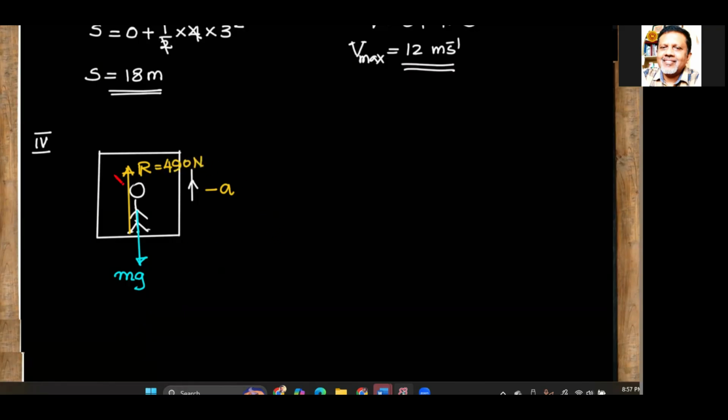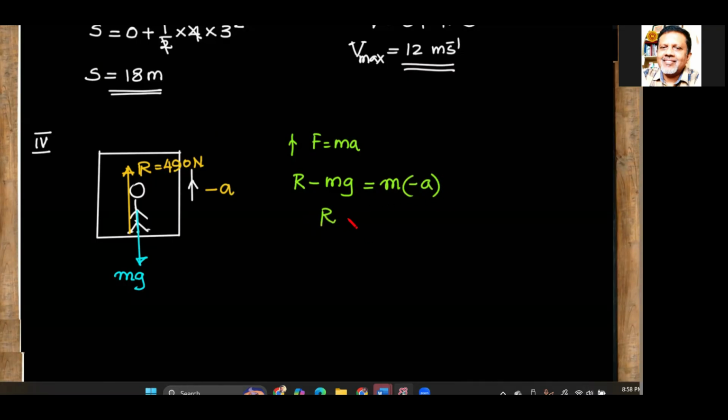So if you apply F equals ma in the upward direction, we can write R minus mg as the resultant force, which is equal to m times minus a. So that is a negative term.